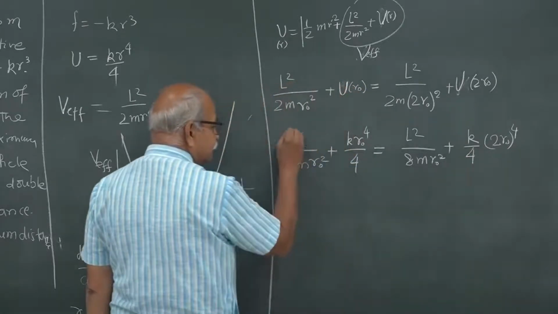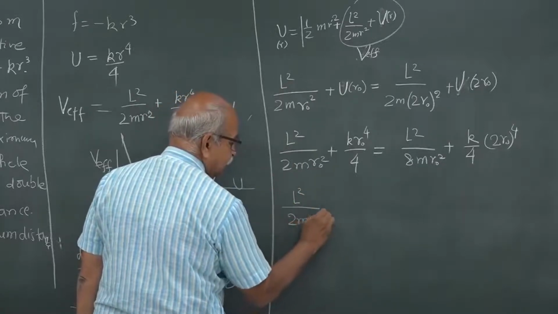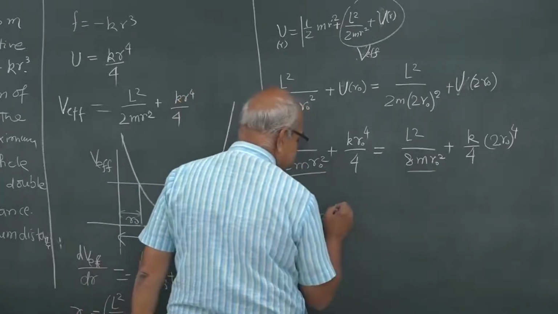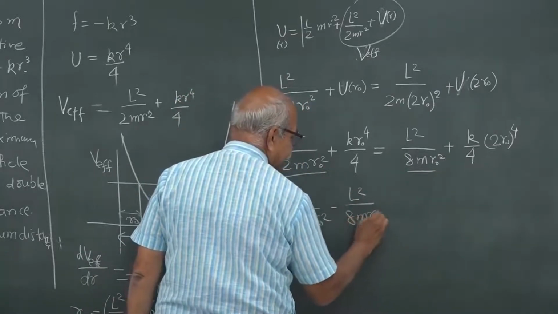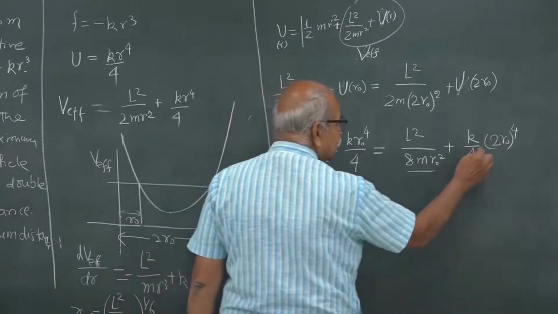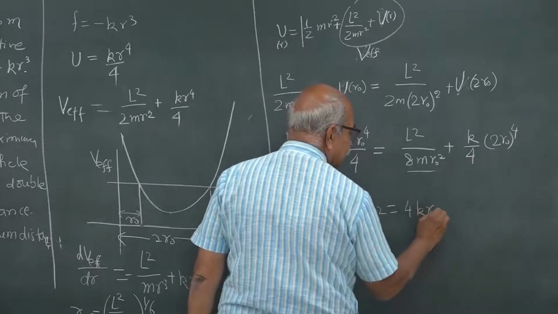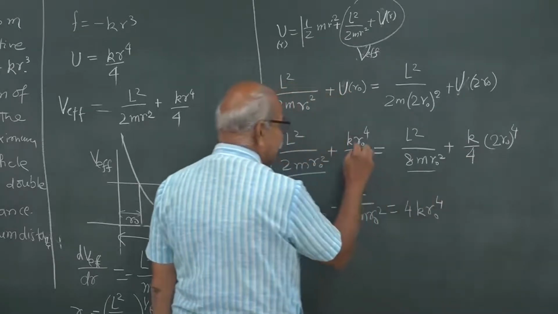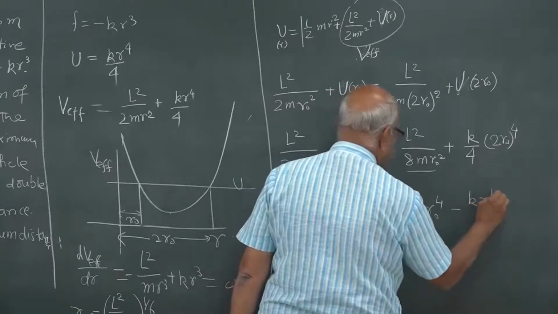So, I have L square by 2 m r naught square minus L square by 8 m r naught square is equal to, 16 by 4 is 4 k r naught to the power 4 minus k r naught to the power 4 by 4.